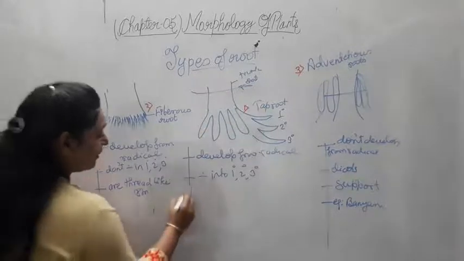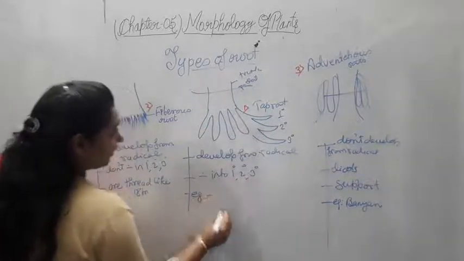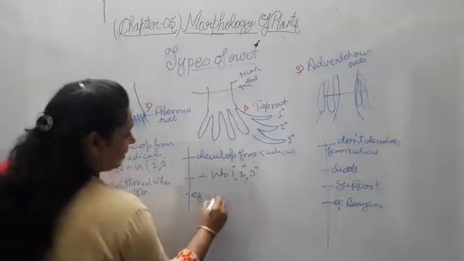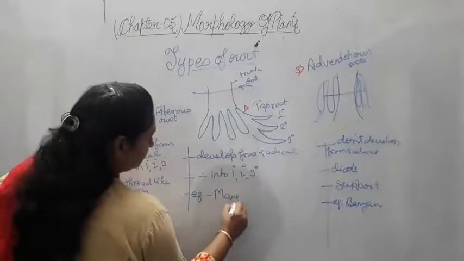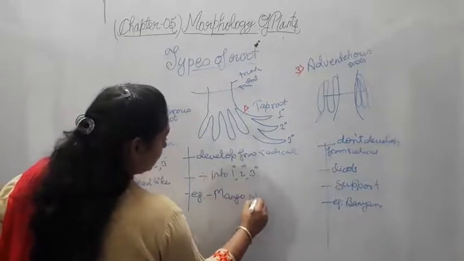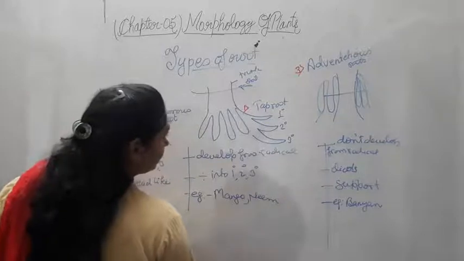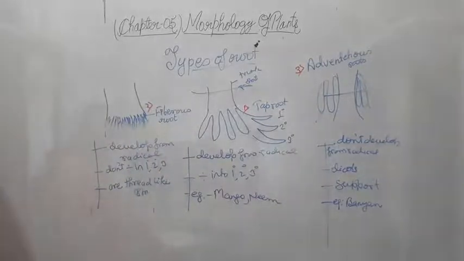For example, taproot you can see in the mango, you can see in the neem. For adventitious, I told you that you can see it in the banyan tree. For the fibrous root systems, which are thread-like, you can see them generally in most of the plants.